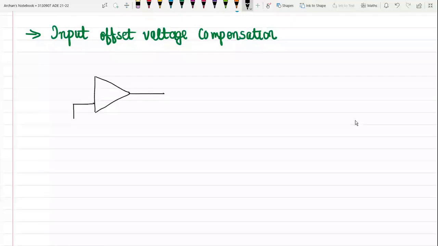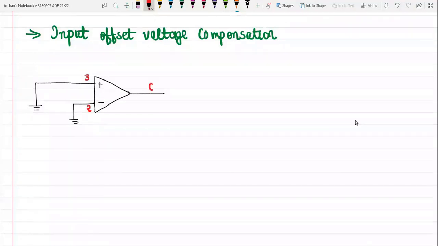So you can see this is my non-inverting input terminal and inverting input terminal. Non-inverting input terminal is pin number 2, inverting input terminal is pin number 3, and output pin is pin number 6, where we are getting our output voltage, which is ideally equal to 0 when both the input terminals are grounded.